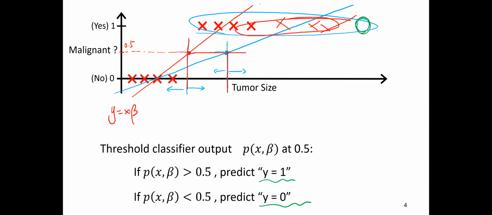And based on the tumor size, you predict it's malignant or not. So we can threshold the classifier output x beta at 0.5. If it is greater than 50%, it is malignant. If it's less than 50%, it's negative.